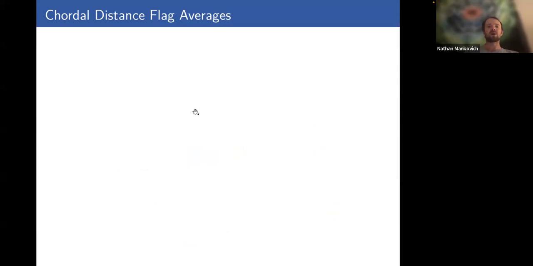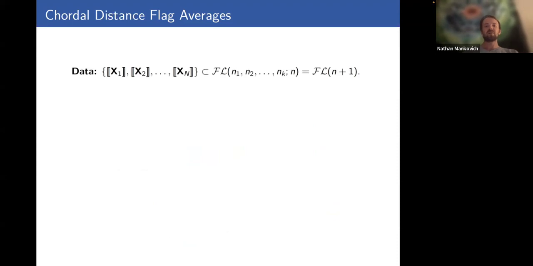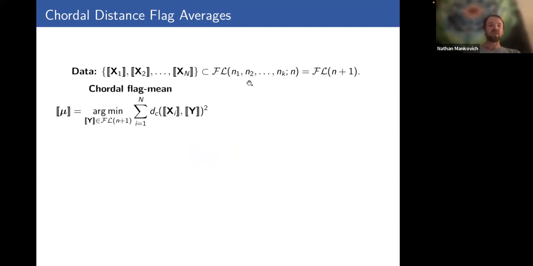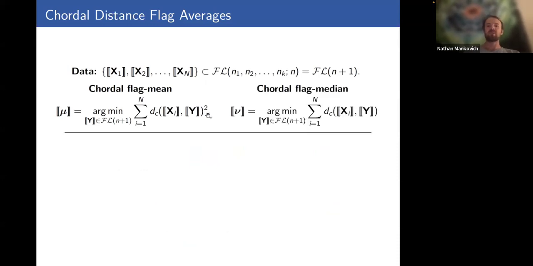Okay, so now let's talk about chordal distance flag averages. So we've defined the chordal distance at least intuitively, and I made a small typo in defining it mathematically. But the idea is you have a set of flags, and now we want to compute their average. And we have our mean, which is the minimizer of the sum of the squares, and we have our median, which is the minimizer of just adding up all the distances.